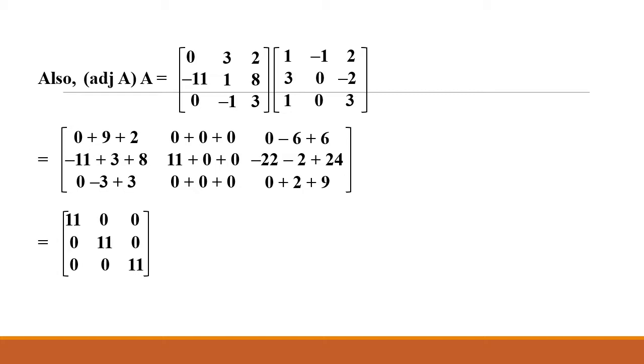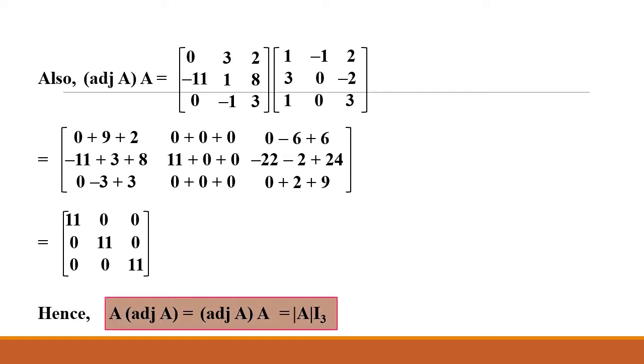So from the three equations we have obtained, we can see we are getting a matrix equal to 11 0 0, 0 11 0, 0 0 11 in all the three cases. Therefore, A into adjoint of A is equal to adjoint of A into A, which equals determinant of A into identity matrix.